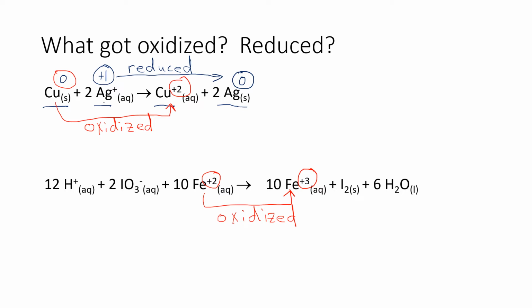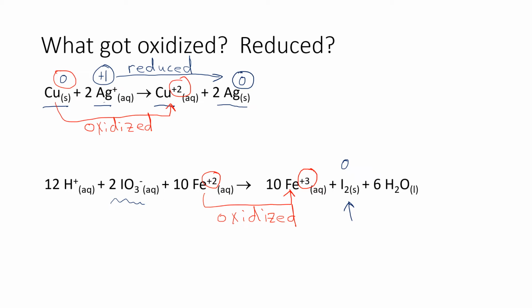And good news, the iodine over here on the product side is in its elemental form, I2 solid. So its oxidation number in this species is going to be 0. And over here on the left-hand side, iodine appears as part of the iodate ion. And overall, it has a -1 charge.